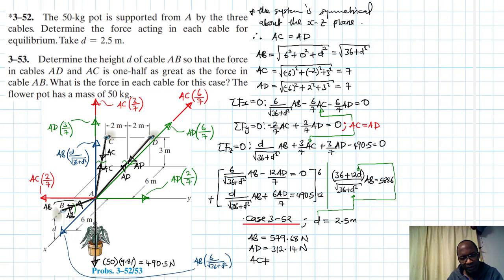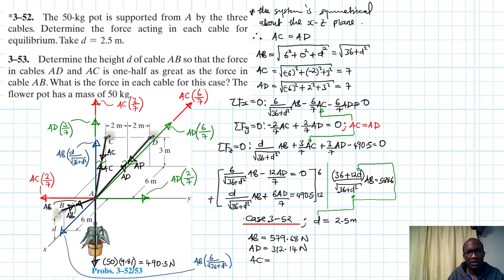Finally, we can find AC, and AC is, we can use this equation here. Okay, there are a lot of options, right? You can use that equation there. Let's find what AC is. So this is 2 over 7 times AD, which is 312.14.